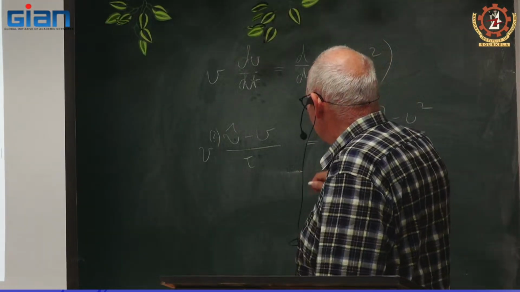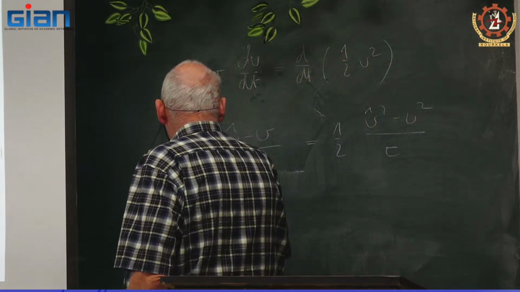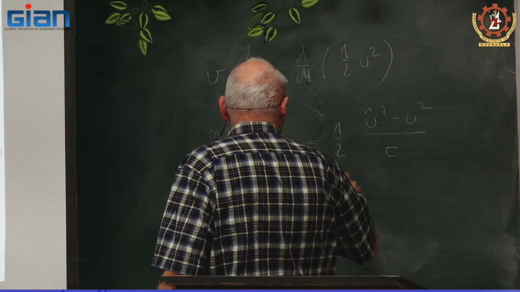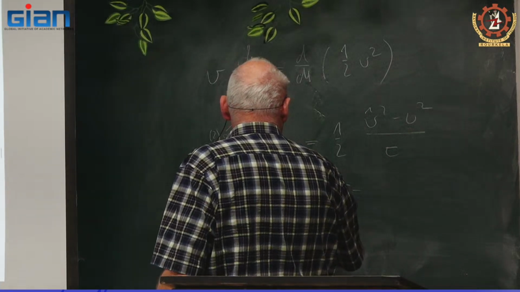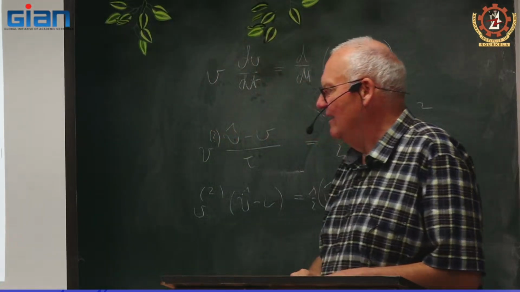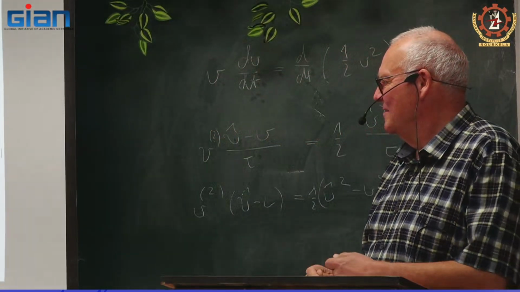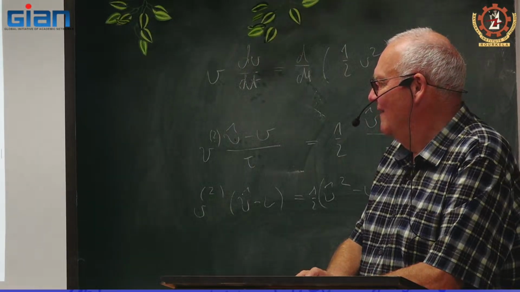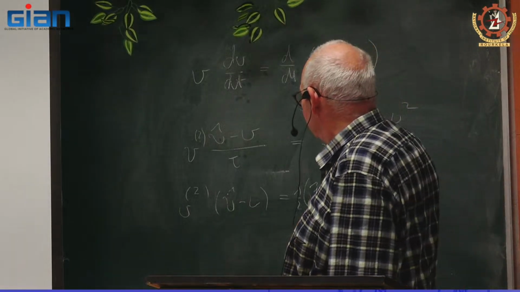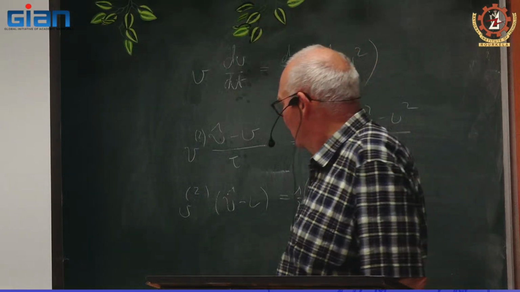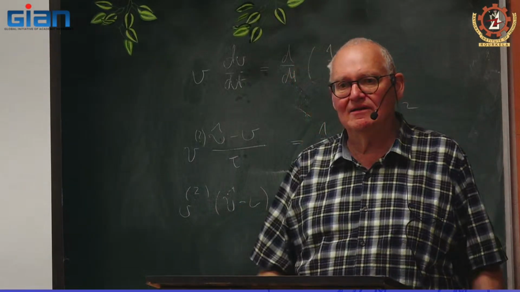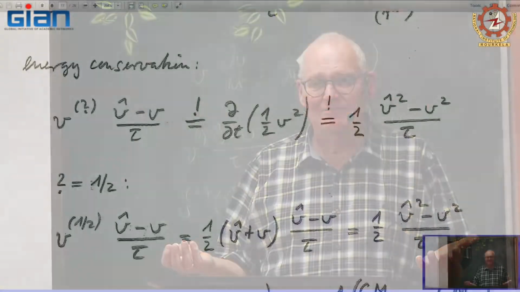So we need that v with some weight, times v hat minus v, equals 1/2 times v hat squared minus v squared. What might be the solution of the problem? We need this factor 1/2 here. Well, v hat plus v times v hat minus v is v hat squared minus v squared.